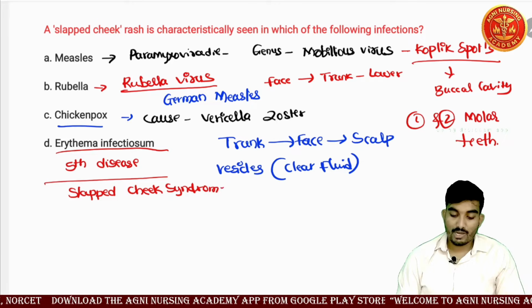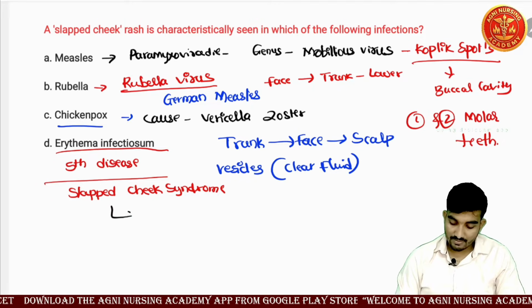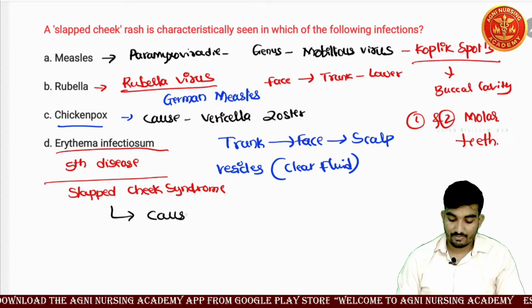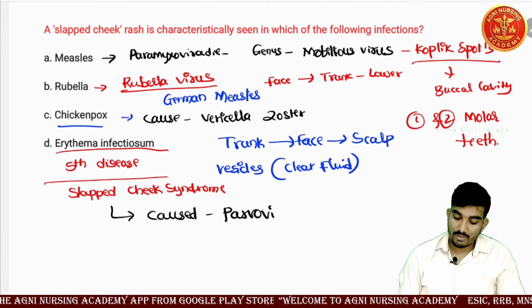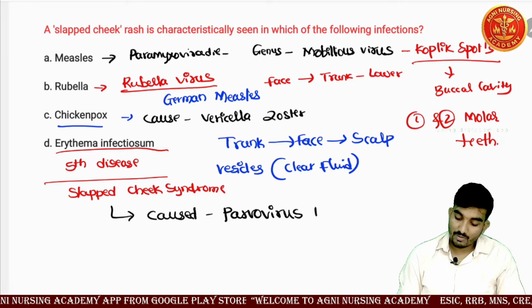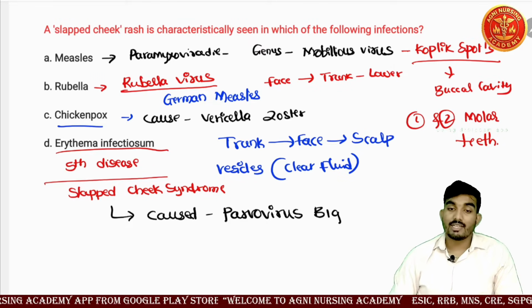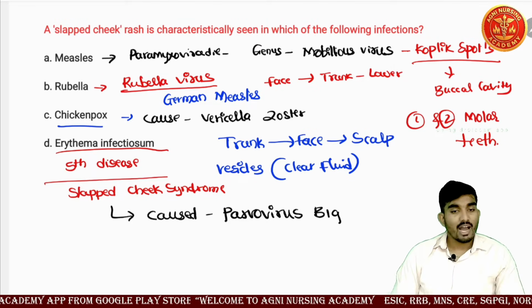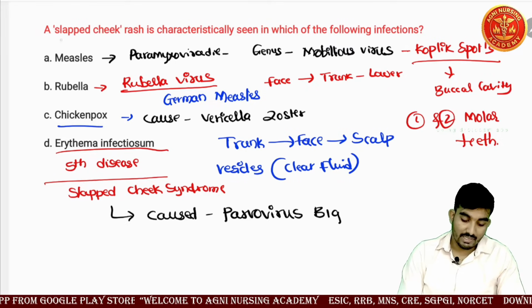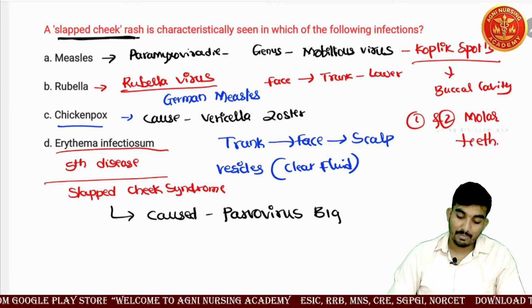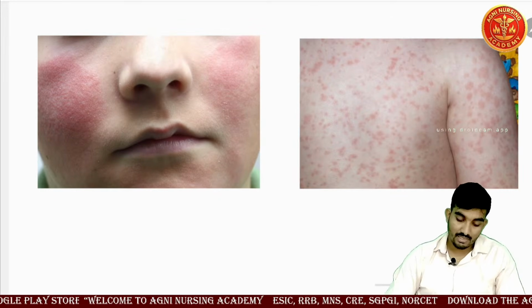It is caused by parvovirus B19. The hallmark of erythema infectiosum is the slapped cheek appearance. Here we can see it.